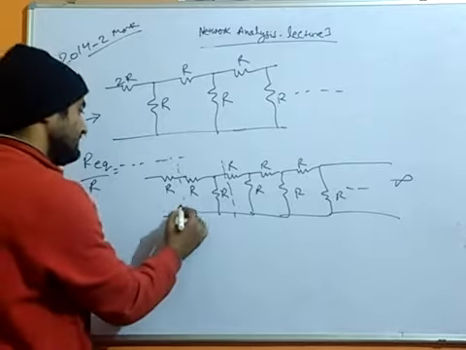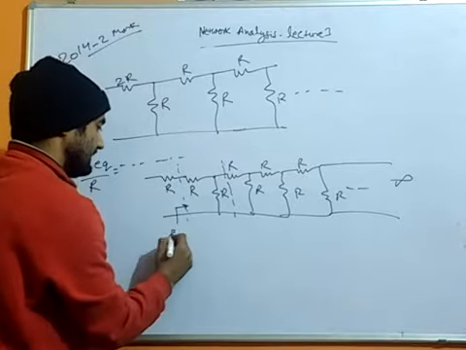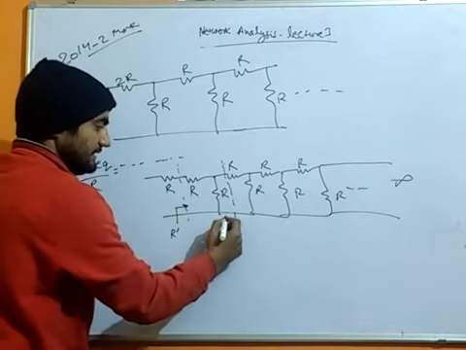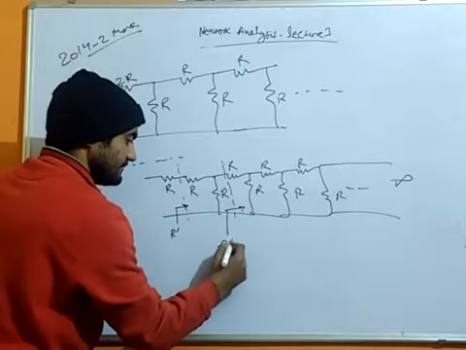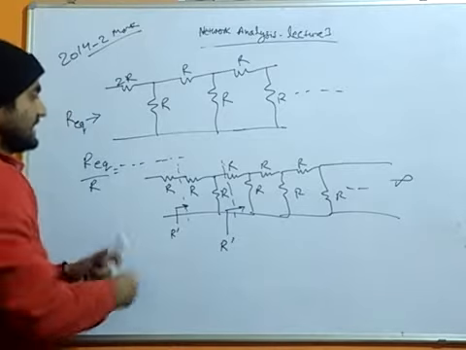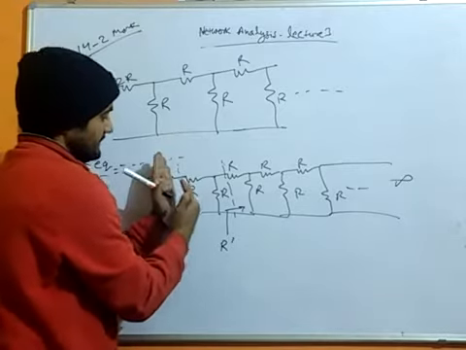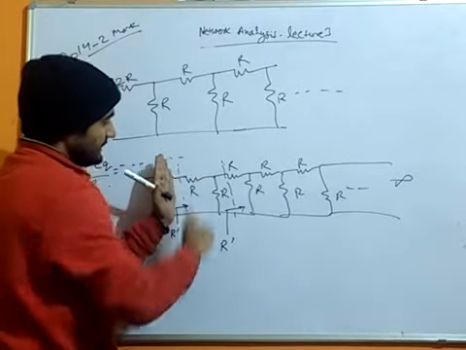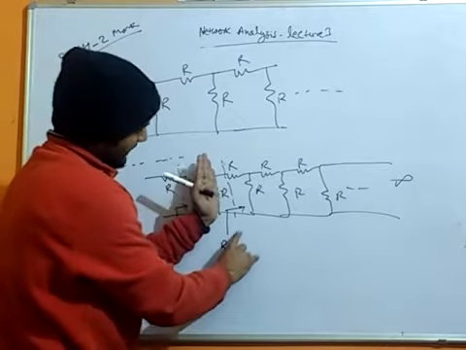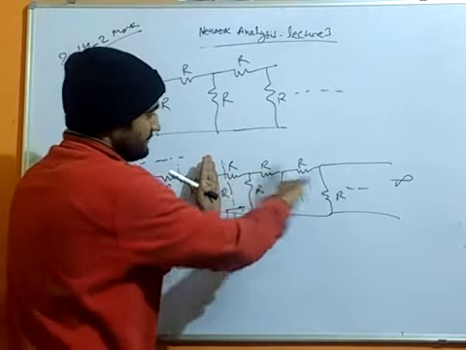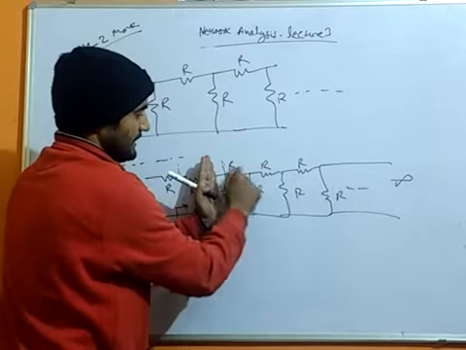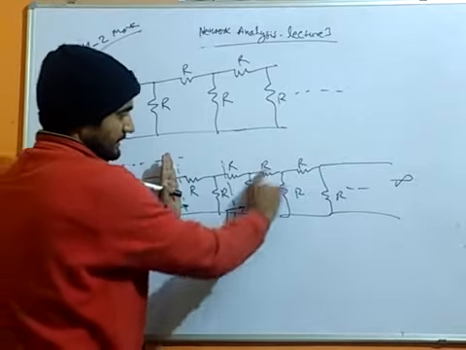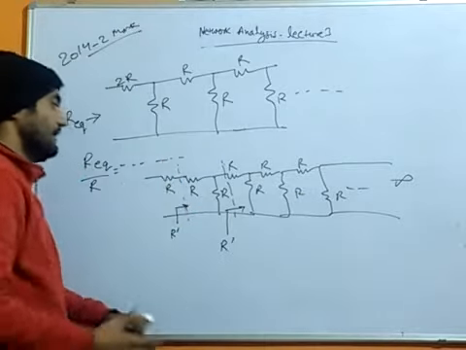If we consider R dash as the equivalent resistance through this portion, then the same equivalent resistance we will get from this portion. Means if we take R dash as the equivalent resistance across it, and R dash across it, then the question will remain the same, because it is R up to infinity, and here again R up to infinity. Okay, fine.